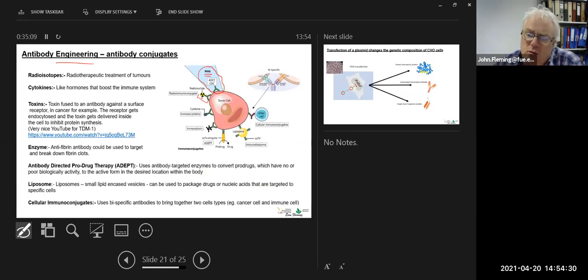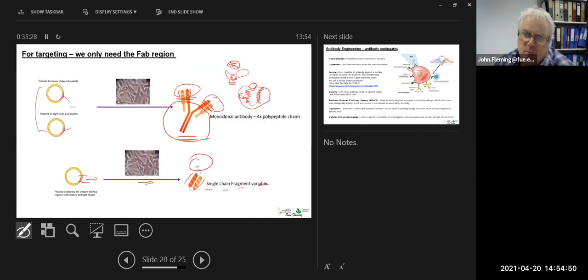What we can do is clone the nucleic acid sequence that codes for cytokines. So these are proteins of the immune system. We can clone these in frame with the heavy chain of the monoclonal antibody. So now, instead of just having an antibody structure, we make chimeric proteins that have cytokines in frame here.